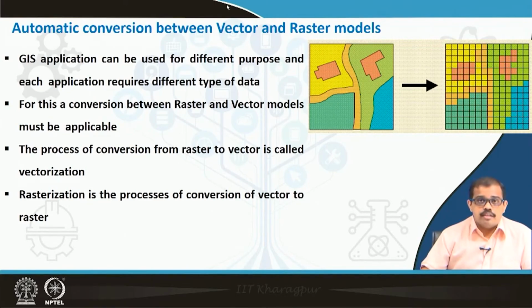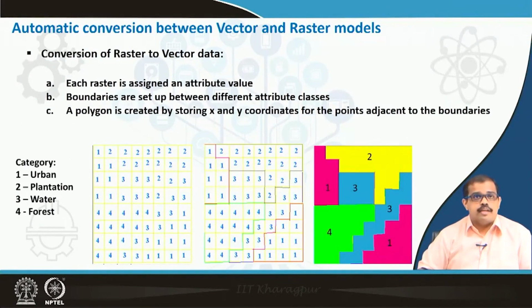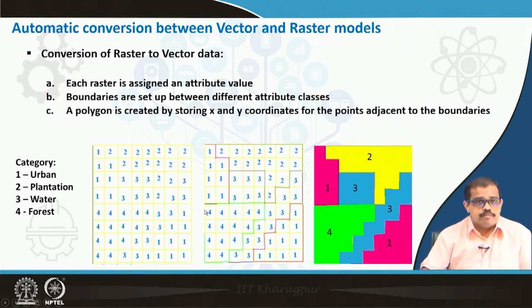When you have this to be converted into pixels, you should know the resolution of the conversion you are looking at. I will give you complete details of how you convert raster to vector and vector to raster. Let us say this is the raster data you have considered: 1, 2, 2, and so on, representing different land use classes in this image.